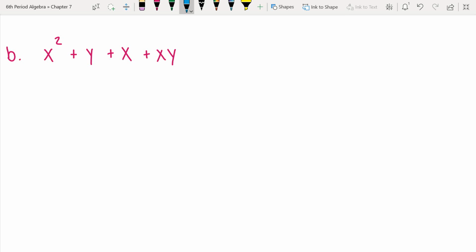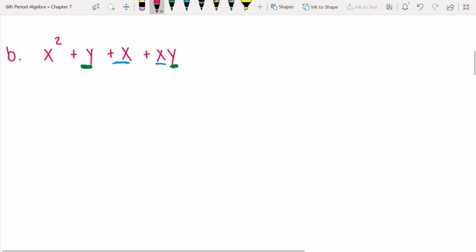So I'm going to try to group the terms that have the x more on the left side of my expression and terms that have a y more on the right side. So x squared is already first. So I'm just going to look at these other terms. I see I have an x here and an x in this product. But I also see in that product there is a variable y and there's just a lonesome y.